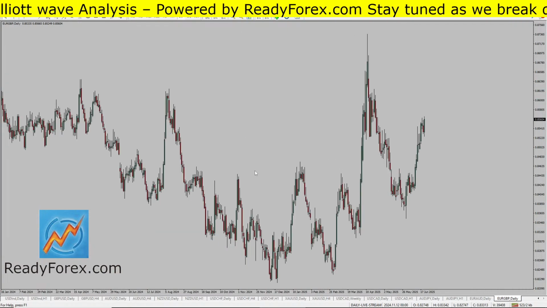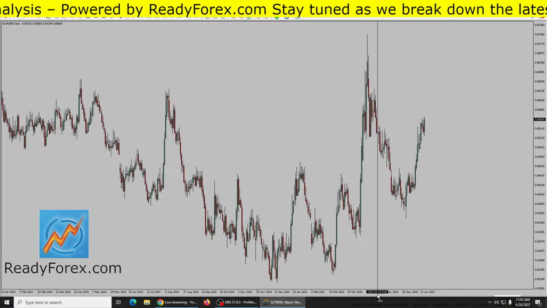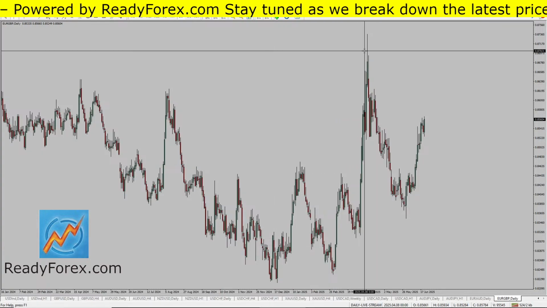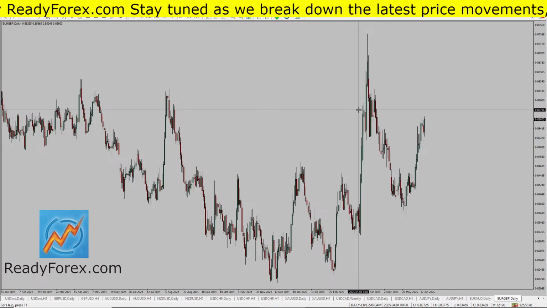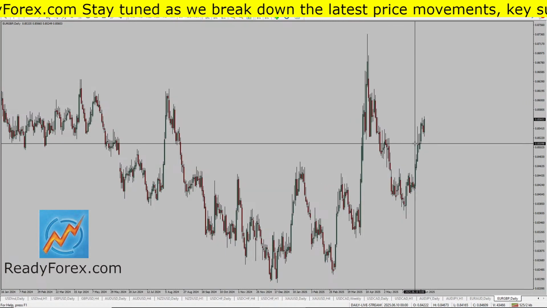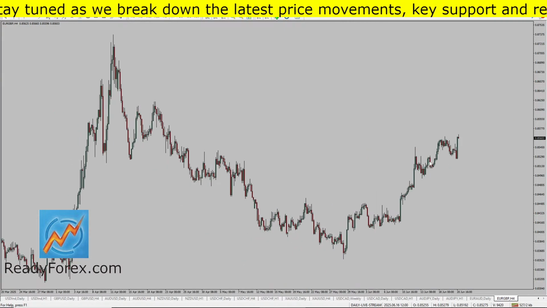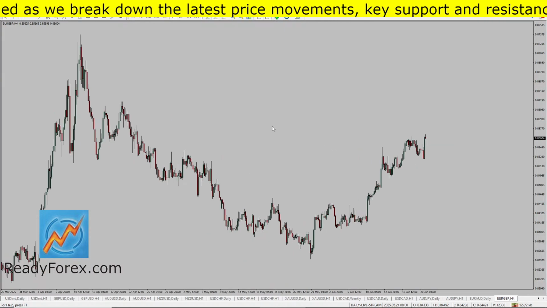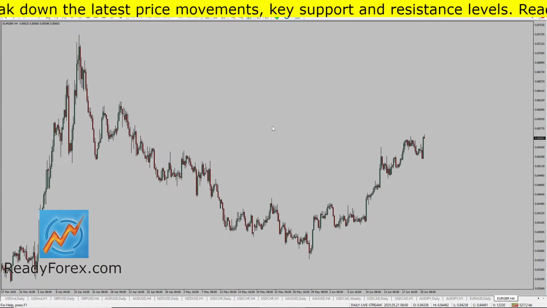Okay, looks like to me we got 1, 2, 3, 4, 5, then probably a zigzag going on. As far as the Euro GBP is concerned, it looks a little bit bullish, in my opinion.